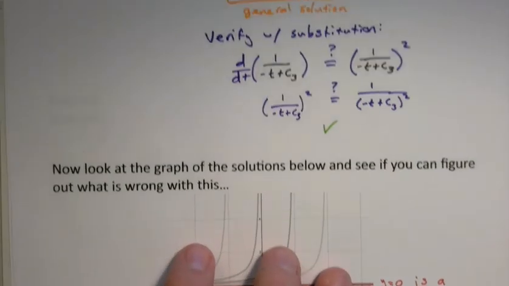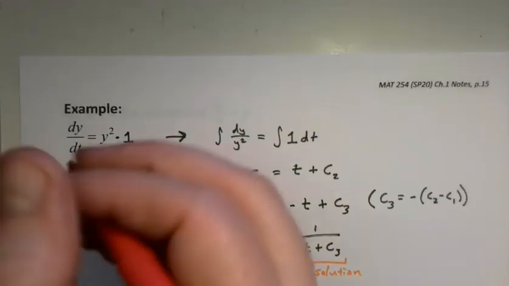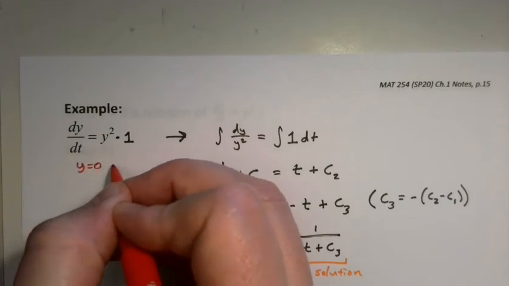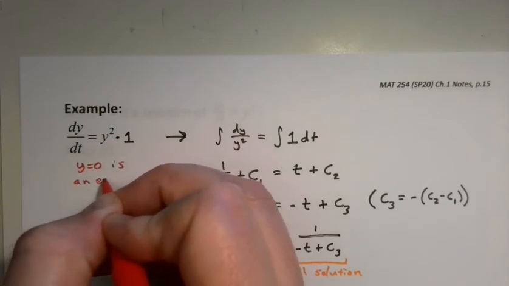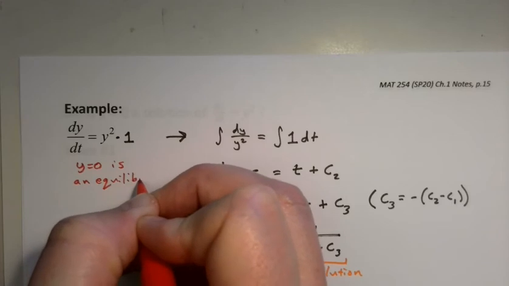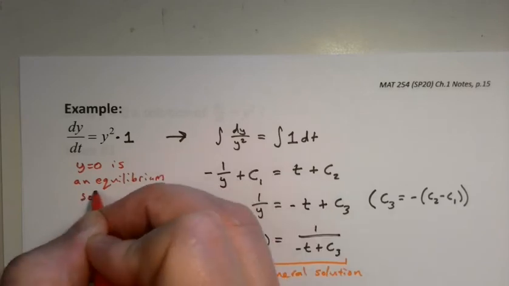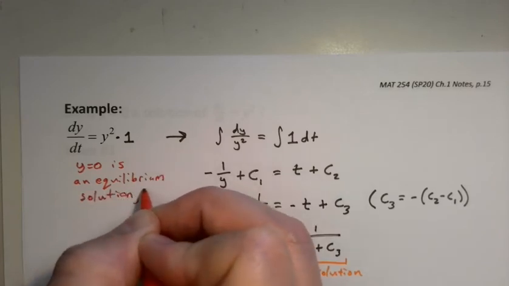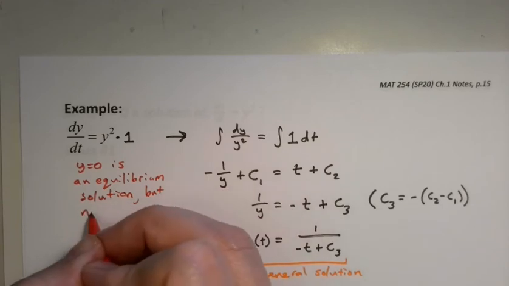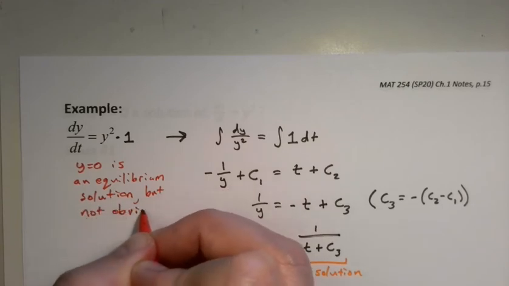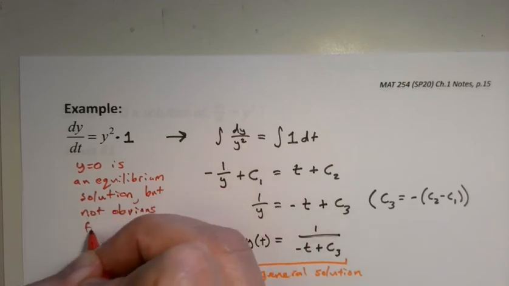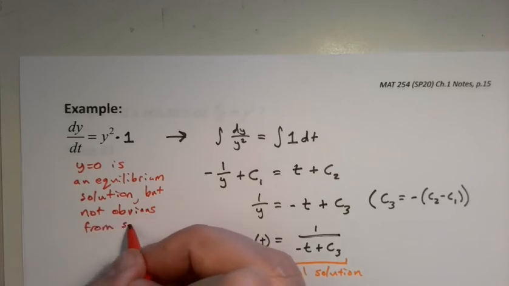So when we first saw this problem on this page, y equals 0 is an equilibrium solution. But it's not obvious from the separation of variables.